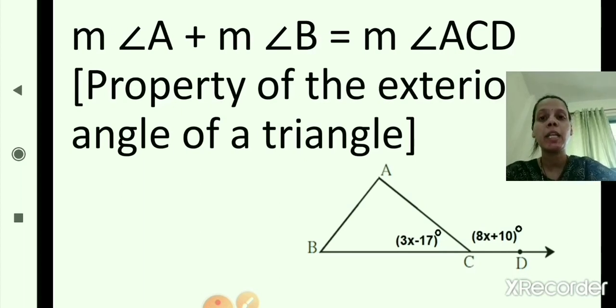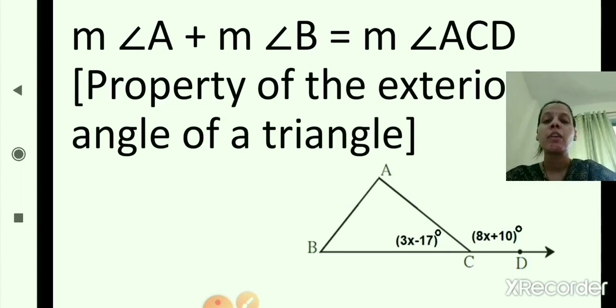The measure of the exterior angle of a triangle, here angle ACD, is equal to the sum of its remote interior angles. Which are the remote interior angles here? Angle A and angle B. So measure of angle A plus measure of angle B is equal to measure of angle ACD.